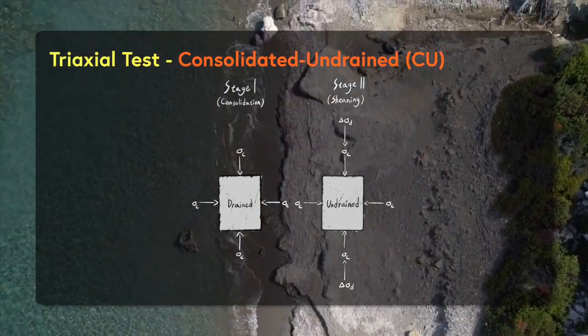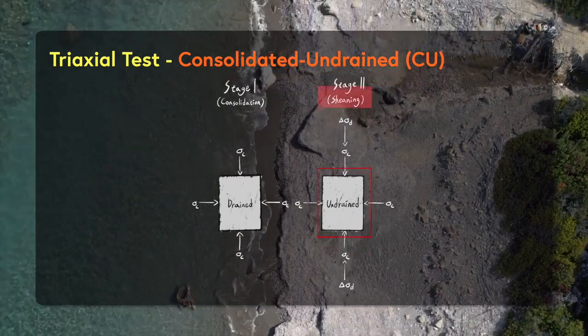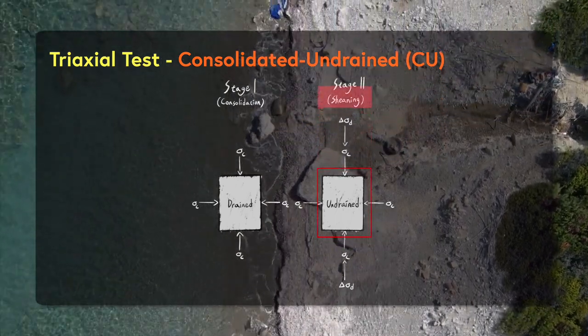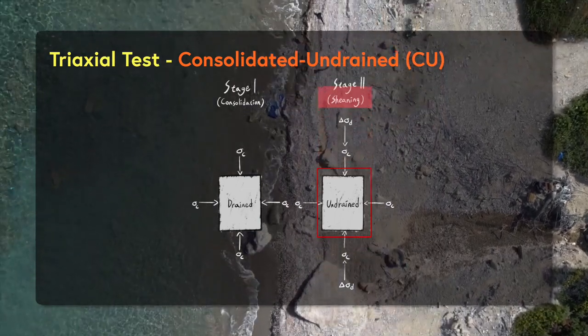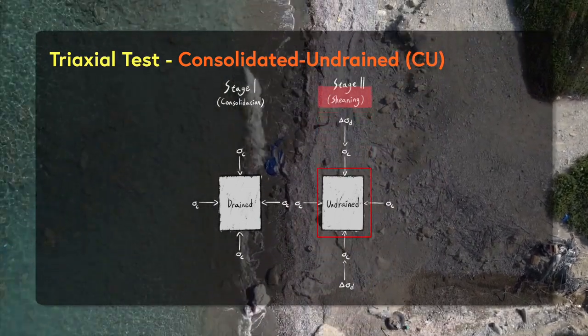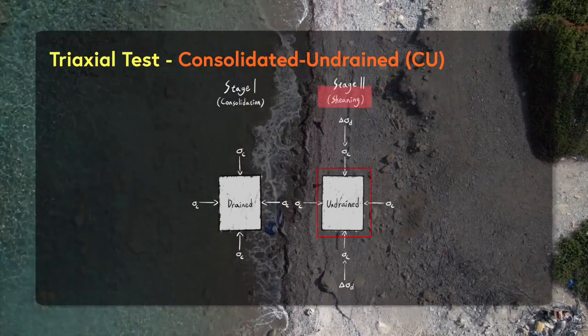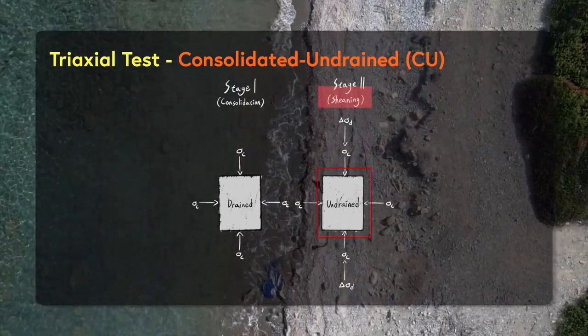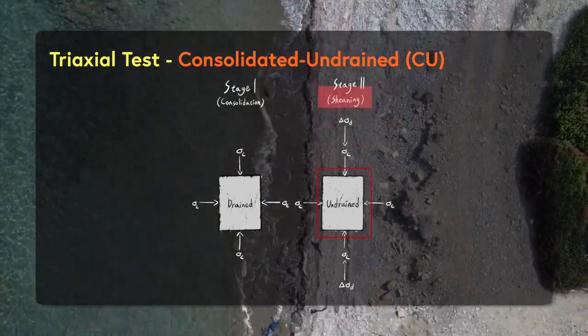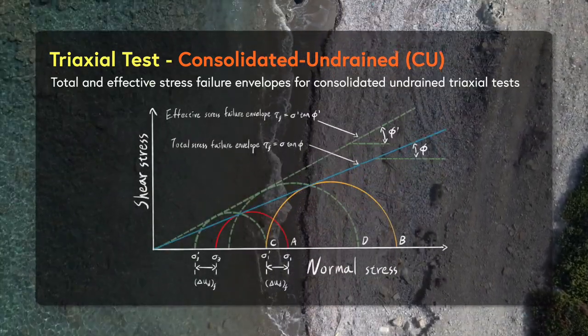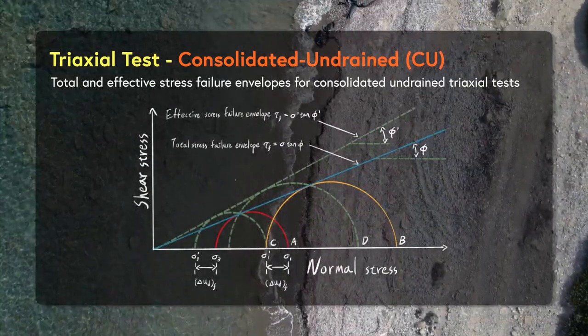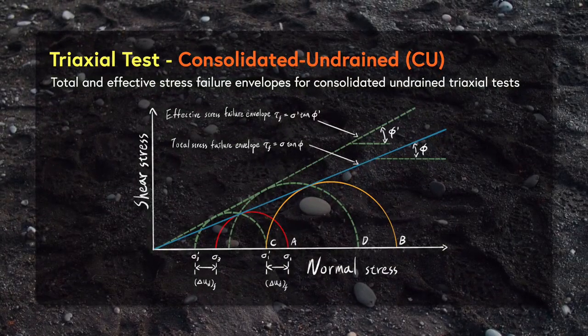The end result of not allowing drainage will be that during the shearing stage, the excess pore pressure will be positive or negative depending on the state of soil. But the bottom line is that during the shearing stage, no deformation would occur and excess water pressure would be generated. So again, by plotting the shear stress versus normal stress, we can obtain the shear strength parameters c and phi.